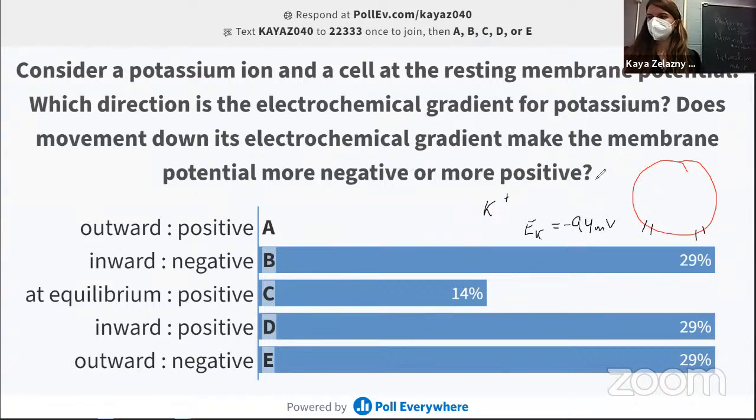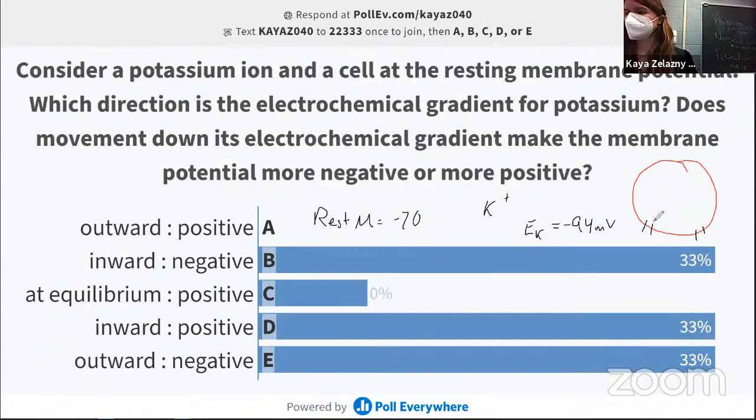Further, we know that the resting membrane potential is -70 in a neuron. So in order to get closer to its equilibrium potential, potassium is going to go out. And we do have channels that allow this to happen. This is a dynamic process.